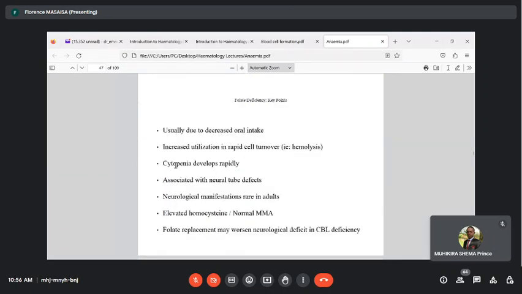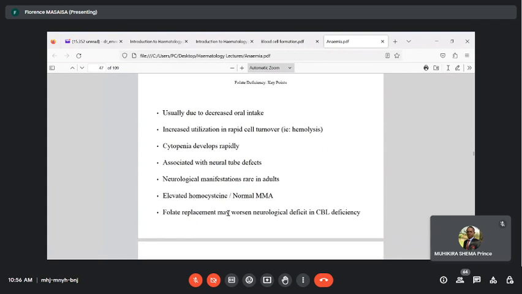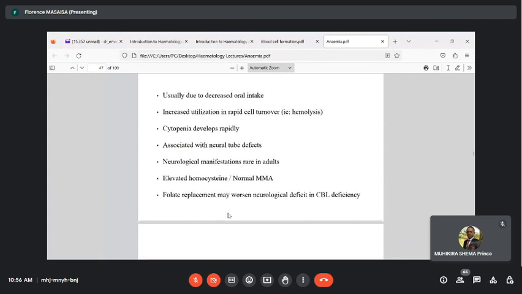Again, in case of hemolysis, the patient may develop rapid cytopenia due to folic acid deficiency. It may be associated with a neural tube defect. Again, that's why it's better to supplement even pregnant women. But even before the pregnancy, someone who's planning to get pregnant should start taking folic acid before the pregnancy.